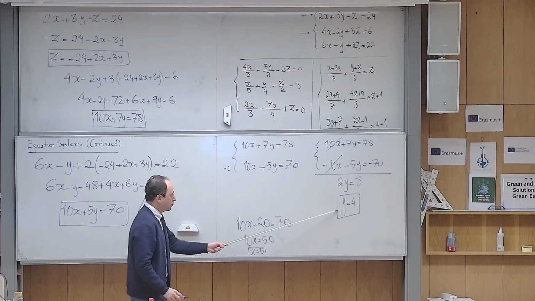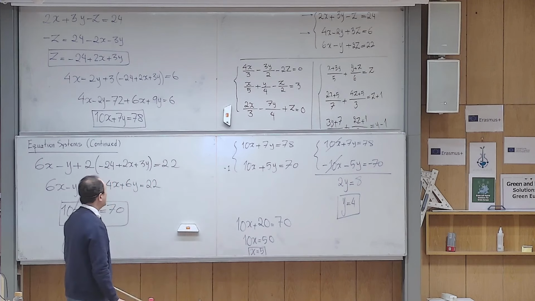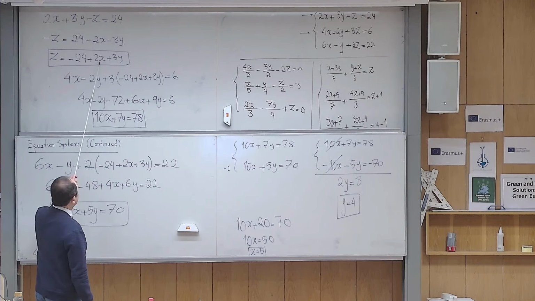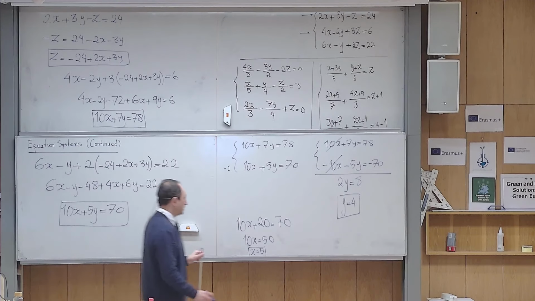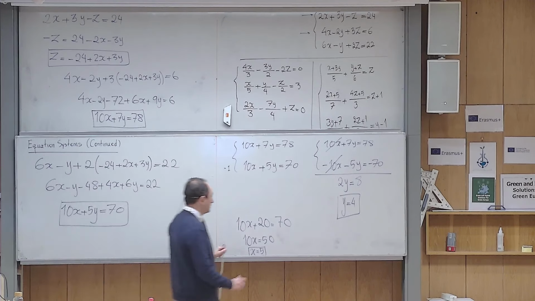Now I have y, I have x, I go back to here. And then finally I find my z. So z becomes equal, it is there on the board. I have a minus 24 there. 2 times x, x is 5, 2 times x becomes 10. And then I have 3 times y, so it becomes 12.